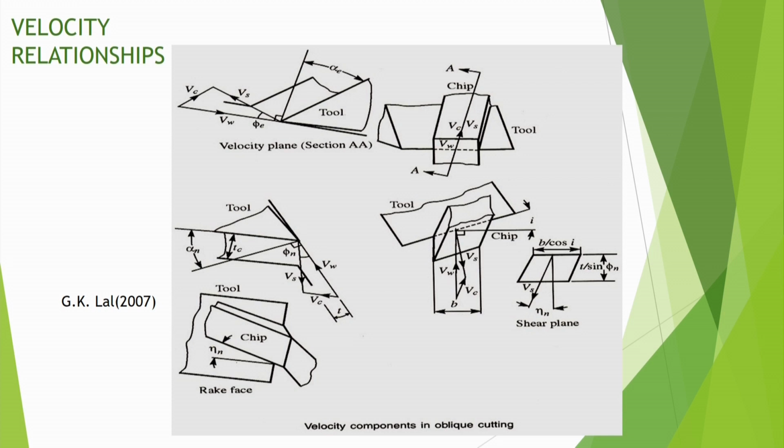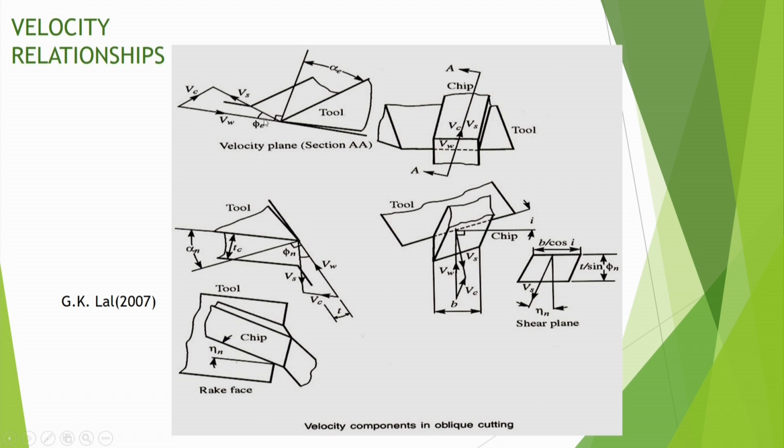So understanding is one thing. Similarly, you can obtain the velocity relations also. We are showing this diagram, this is the tool, and in this one we are taking some section. Suppose VW is the workpiece velocity, and VC is the velocity of the chip flow.